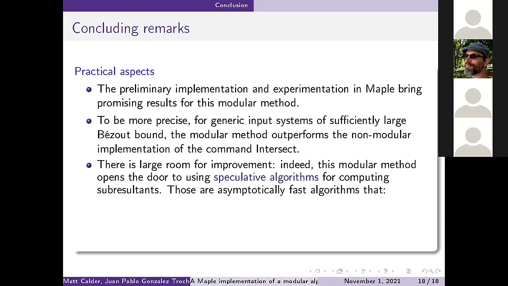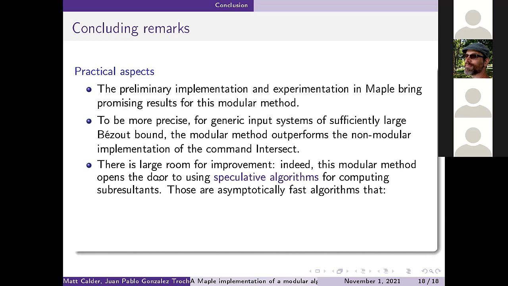Furthermore, about the practical aspects, we see that the experimentation that we did in Maple brings promising results for our modular method. Also, there is large room for improvement.